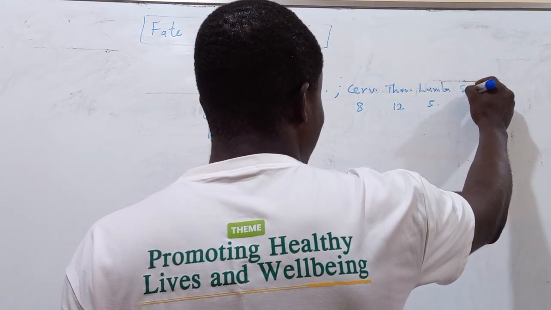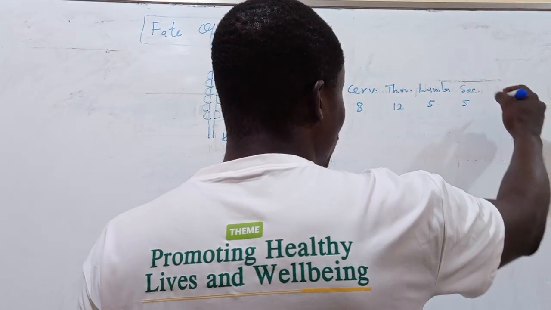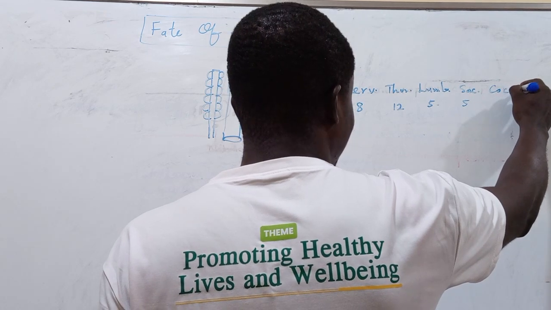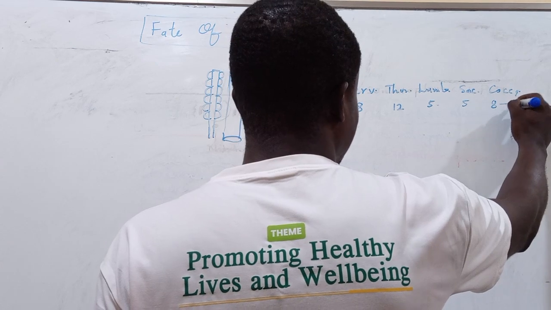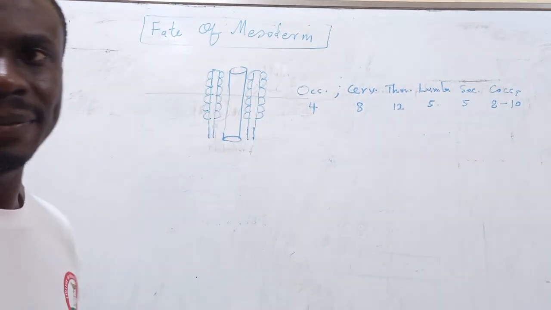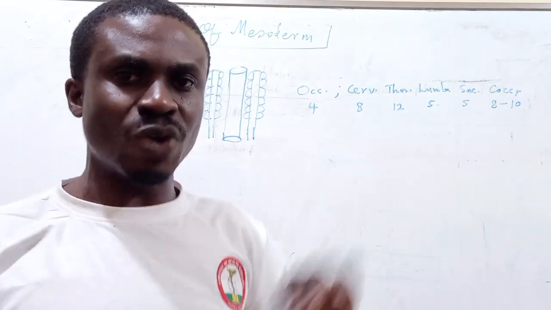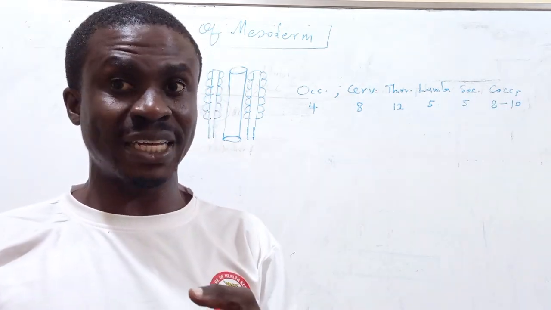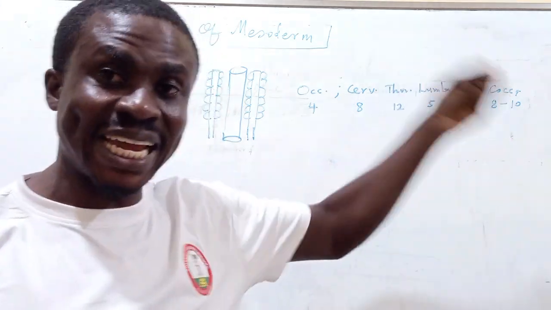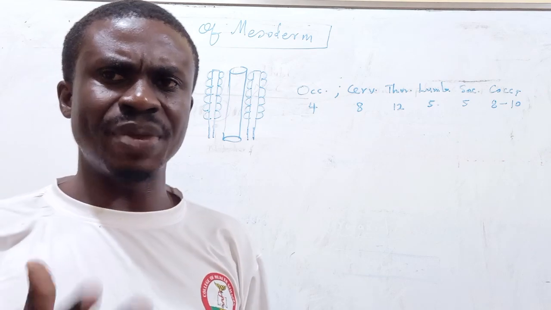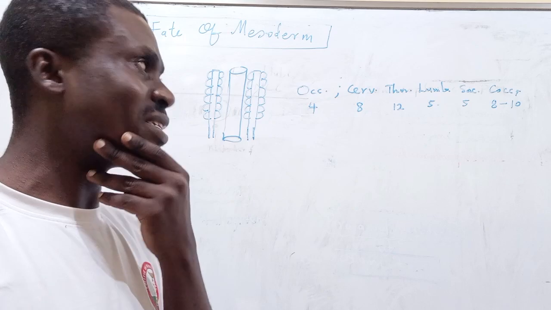In the sacral region, we also have 5 of them. Then in the coccygeal region, we have 8 to 10 of them. That is why, when we do the calculation, if you are using 8, you get 42 pairs. If you are using 10, then we get 44 pairs of somites. That's what we have.